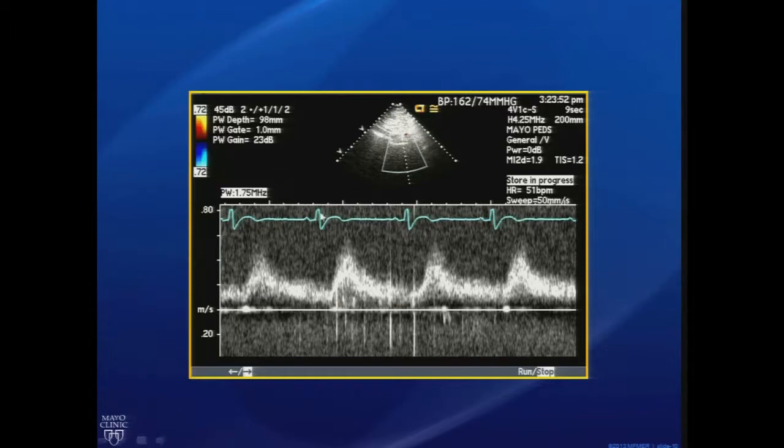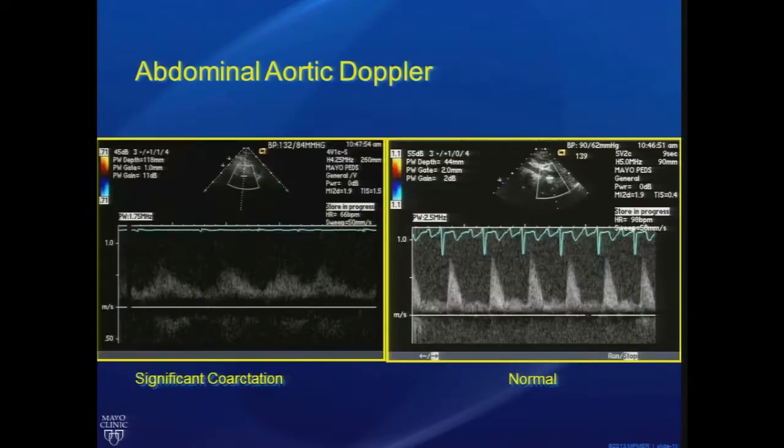So you'll see this slow upstroke and then continuous forward flow in the abdominal aorta. So actually, instead of thinking that your arch is the number one picture, I want you to think about abdominal Doppler flow for coarctation. So again, this would be significant coarc if they show this to you, or you see it in the clinic. This is normal Doppler flow. So you see this normal abdominal Doppler flow, unlikely to have any significant coarctation.